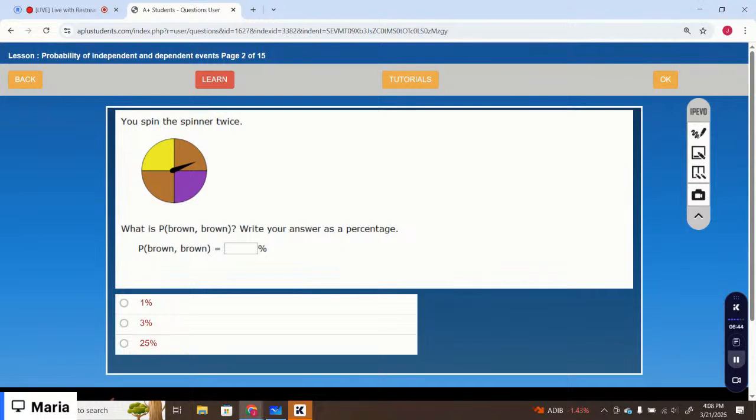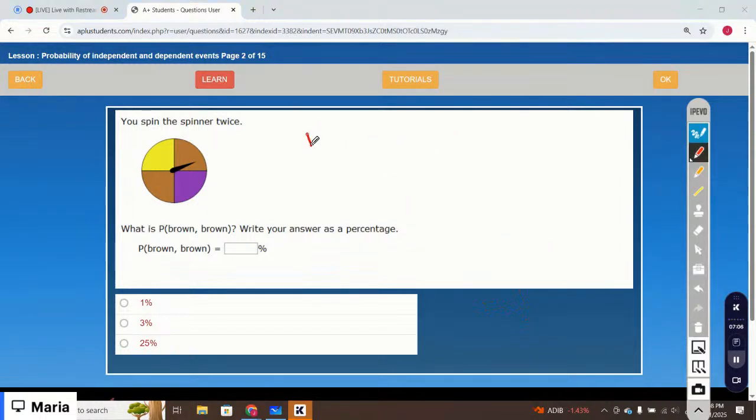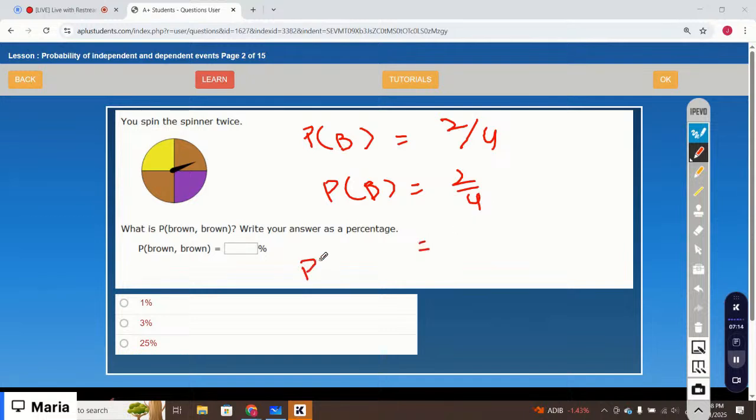You spin the spinner twice. What is the probability of brown and brown? So the probability of brown is 2 out of 4. They are independent events. The probability of brown is 2 over 4, and then the probability of brown is 2 over 4. So just multiply both the probabilities. That is 2 by 4 times 2 by 4, 4 over 16.